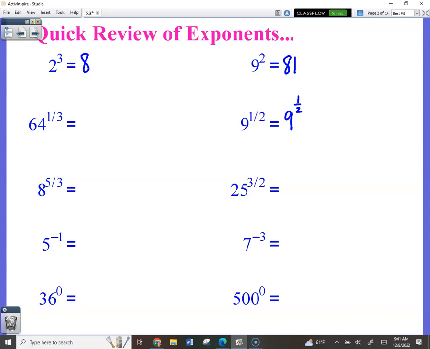Do y'all remember when we were rewriting rational exponents and I said start with the bottom, and the bottom of the fraction will be the root? Okay, close. So this means you are taking the square root of 9 to the 1st power.